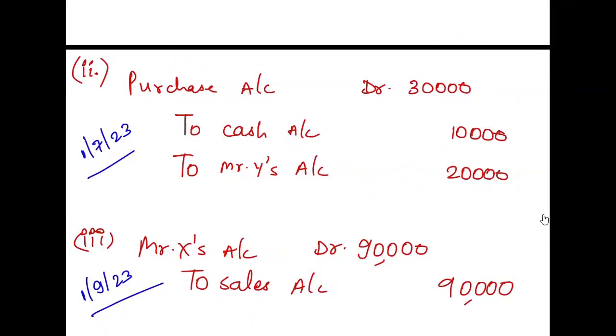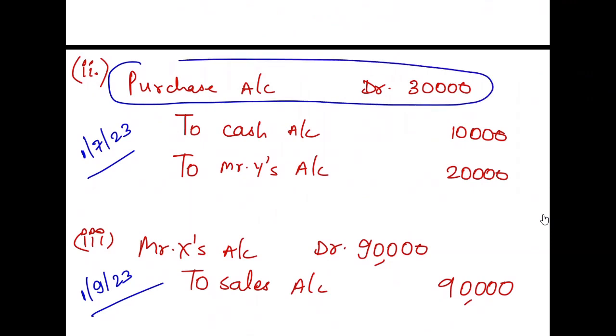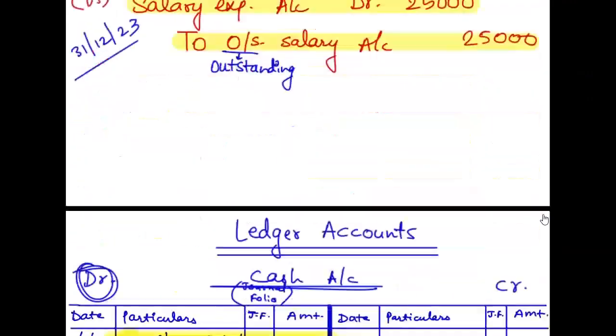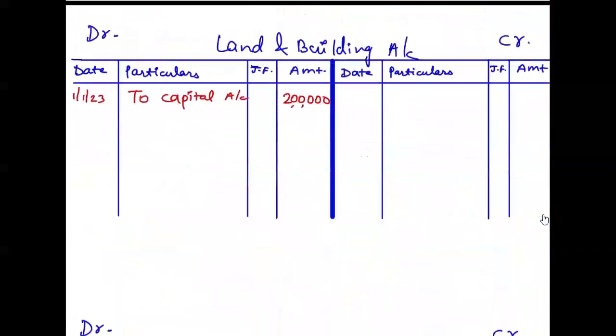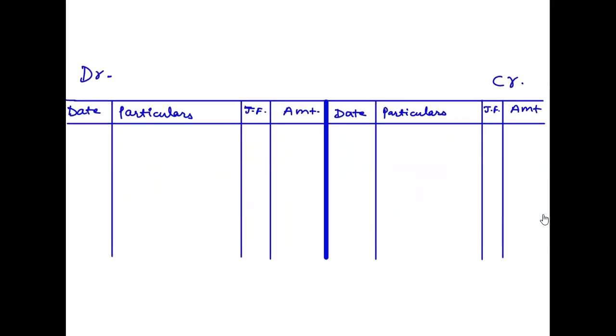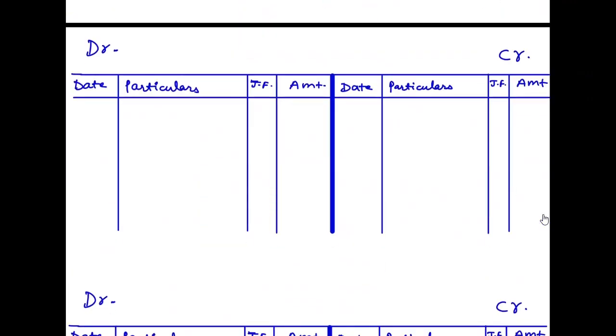In second one, we have purchase account debited. So we will create one more ledger, which will be called purchases account.